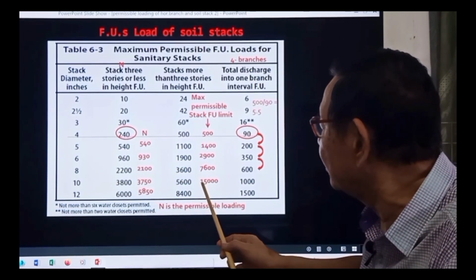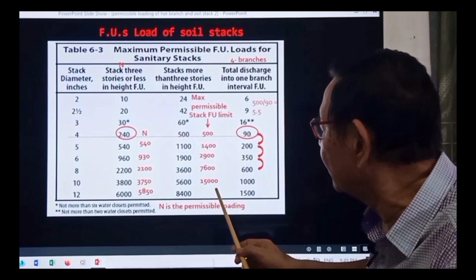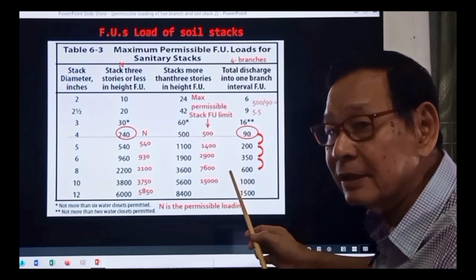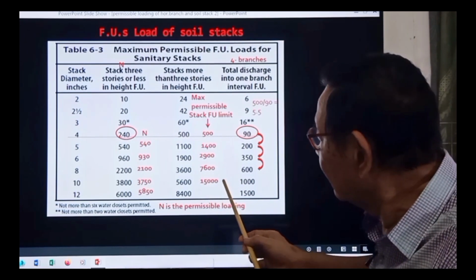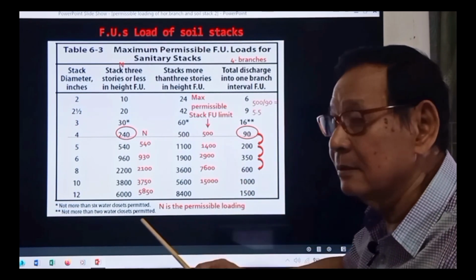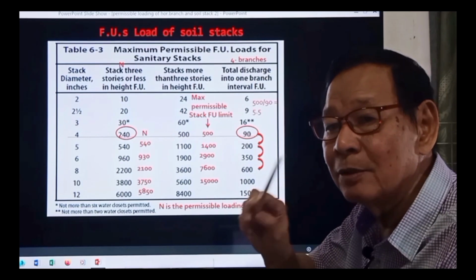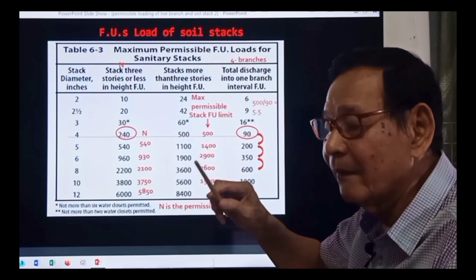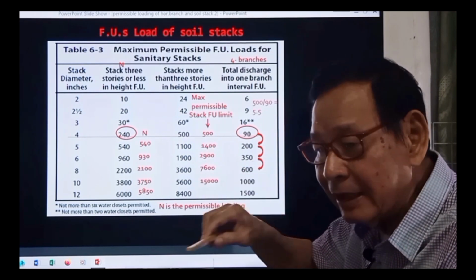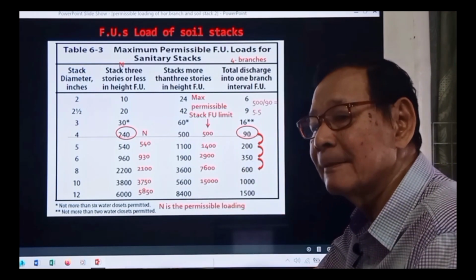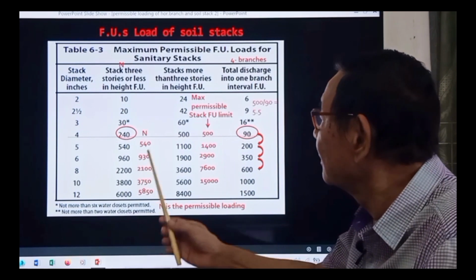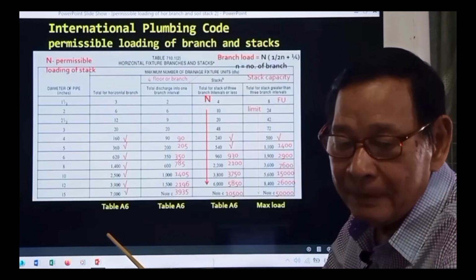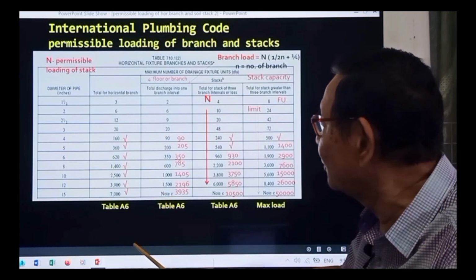Ito ay galing dito sa Q is equals to 27.8, R is the power 2/3, D is the power 8 over 3. Ito nanggaling ito. Nanggaling na ito sa ano, ang ano is 0.29 ang ratio of the sheet of water to the area of the pipe diameter. So, galing ito, the same also sa IPC, International Plumbing Code.